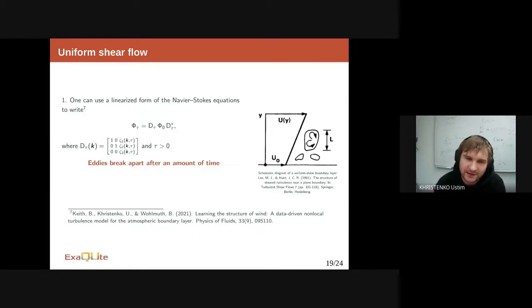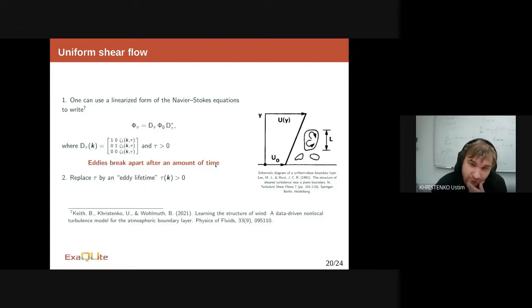A big eddy has a longer lifetime, and small eddies break immediately. The idea for the model presented on the previous slide was that tau, the eddy lifetime, is a function of the wave number.